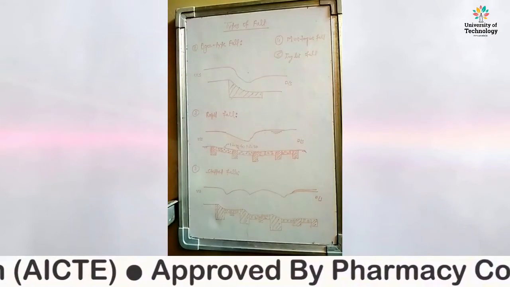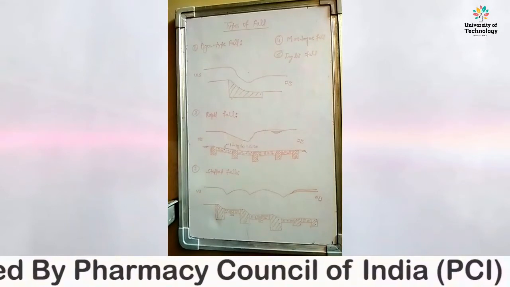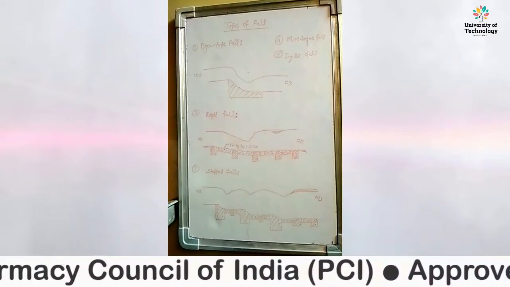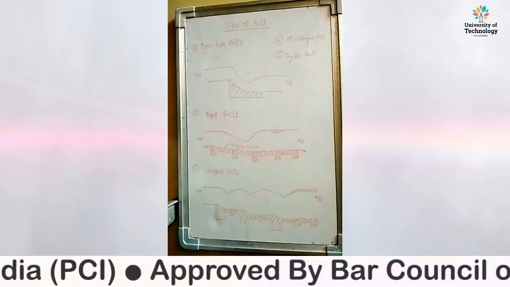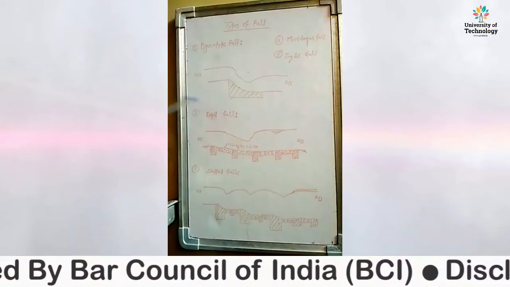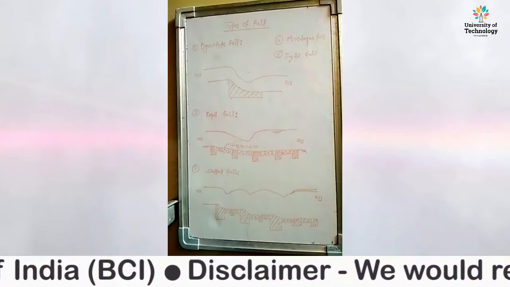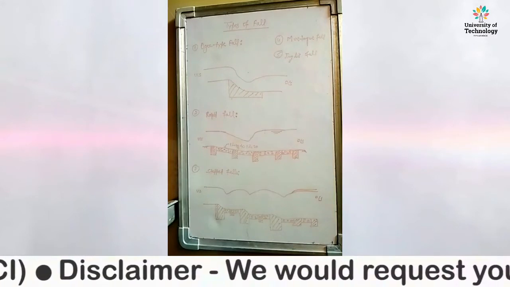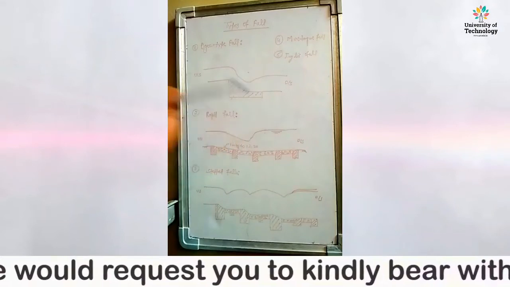But later it was rejected because it was not able to avoid the scouring problem, and second, it was not sufficient to provide a smooth transition from the upstream to the downstream water level.